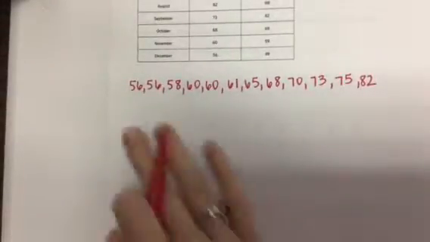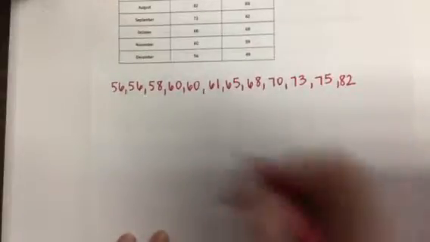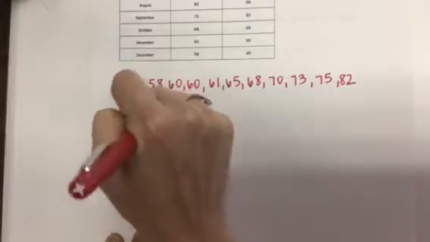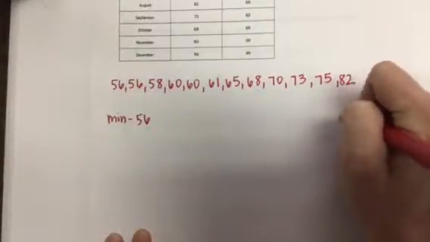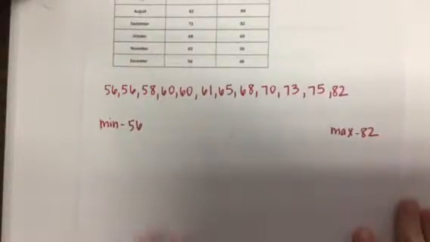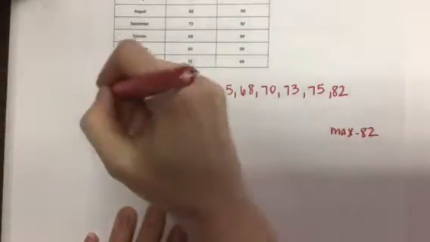And I can see from my information right here that my minimum is 56, my maximum is 82, and now I'm going to work on getting my median.